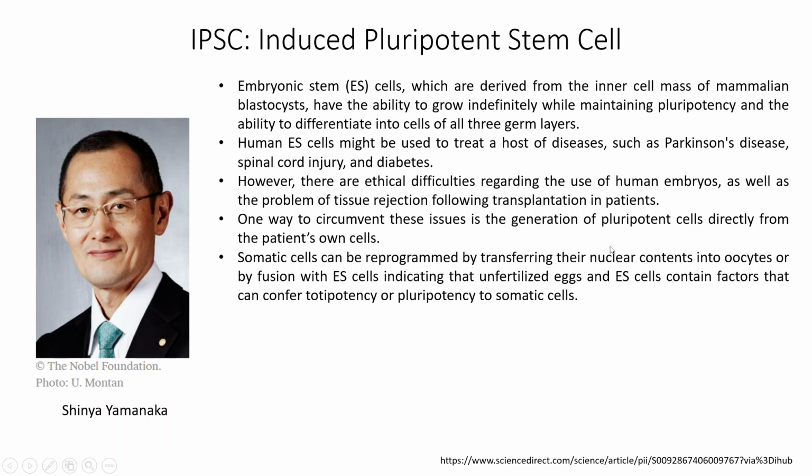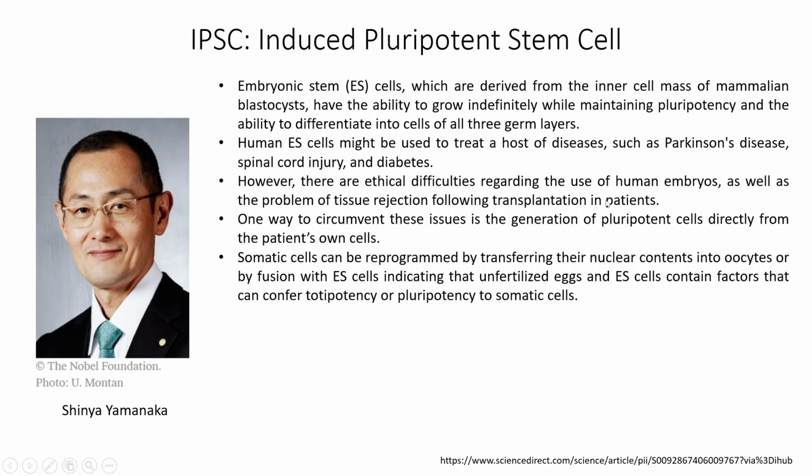So if you have the nuclear contents of a somatic cell, those genes related to the somatic cell will be transcribed, and this cell will become pluripotent or totipotent if it has the factors that typically are expressed in high levels in these embryonic stem cells or in oocytes.